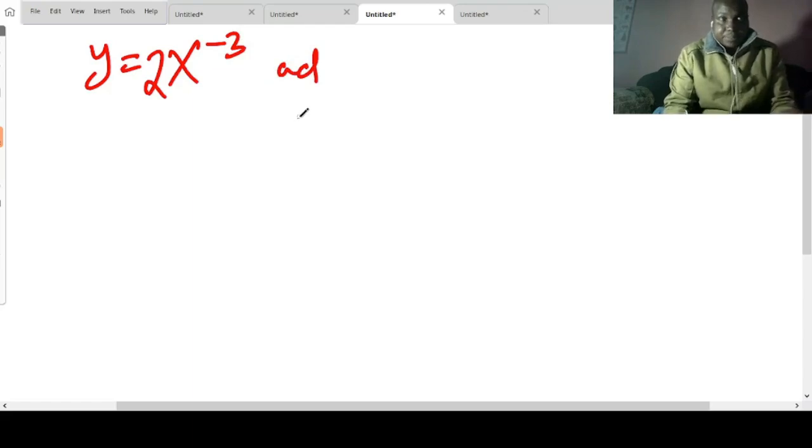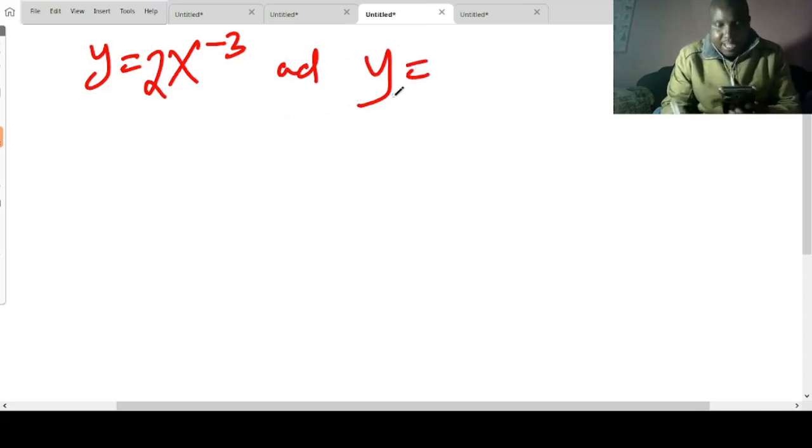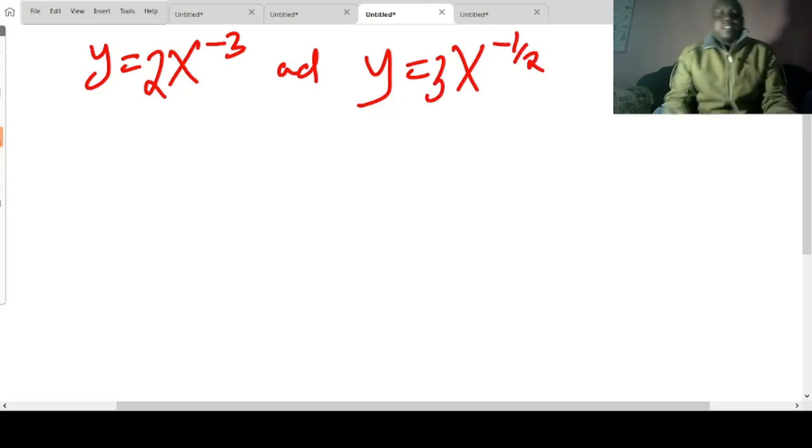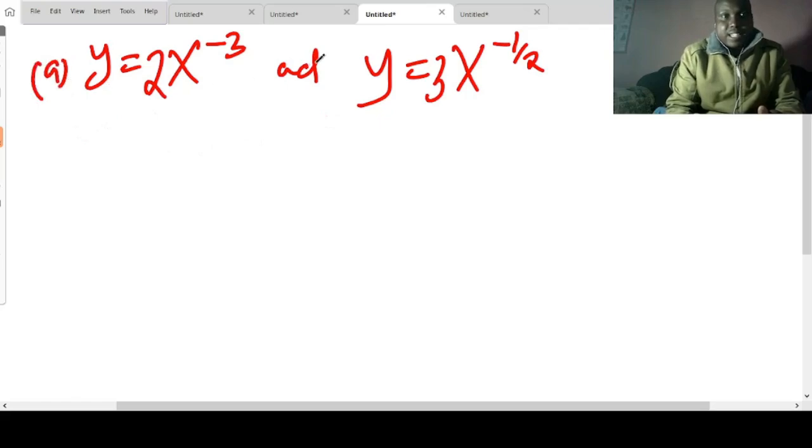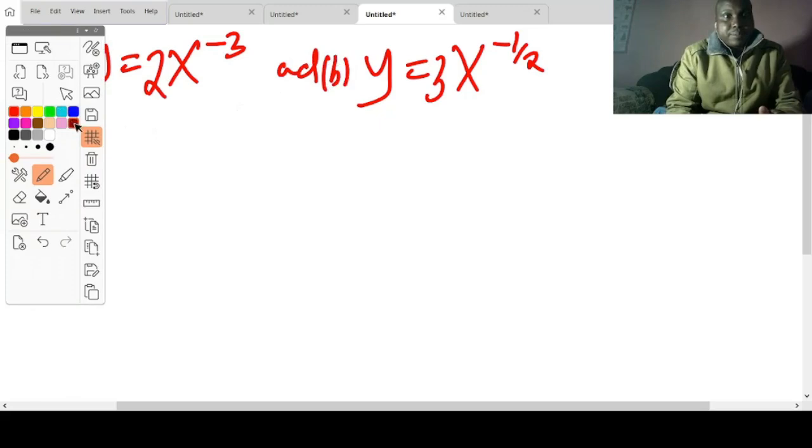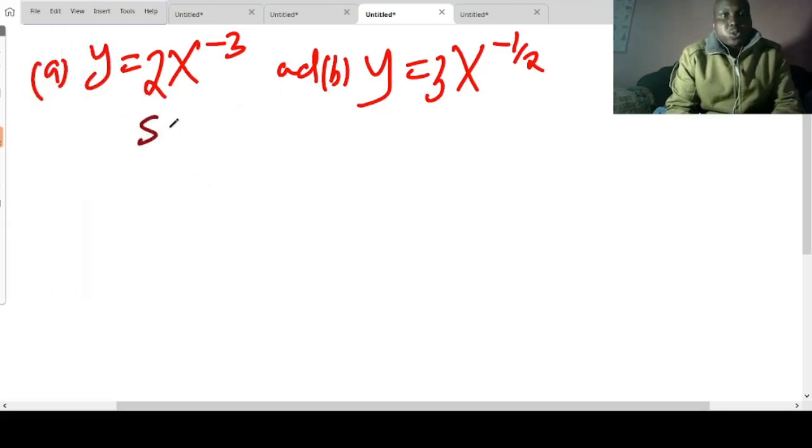And y is equal to, or we can use 3x raised to power negative a half. Whichever the case it is, it doesn't matter. This is a, and then we call this one b. We use pink here. So solution.